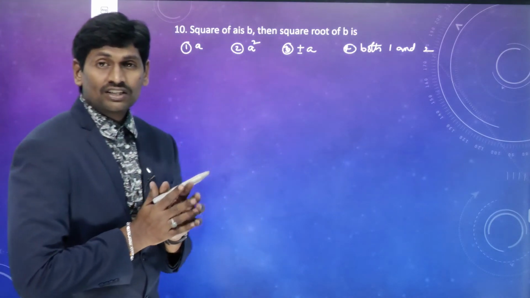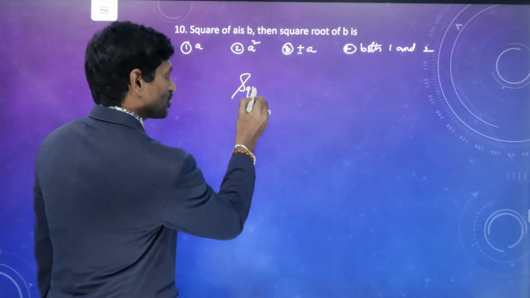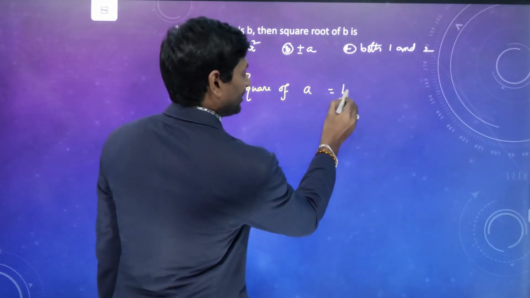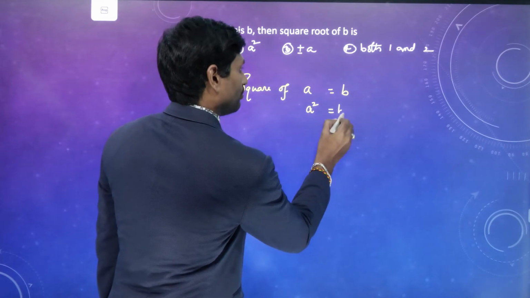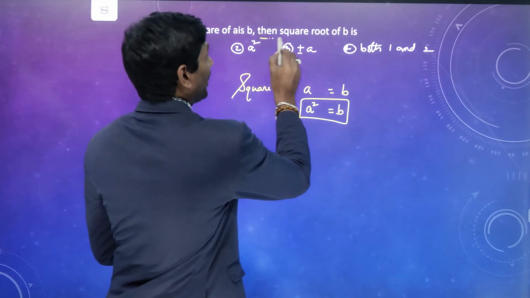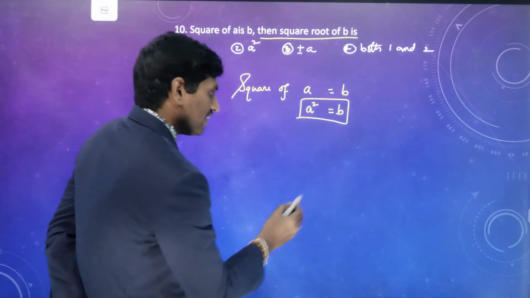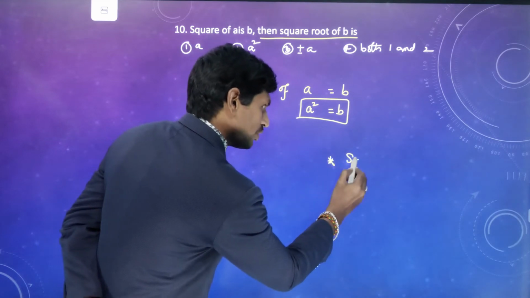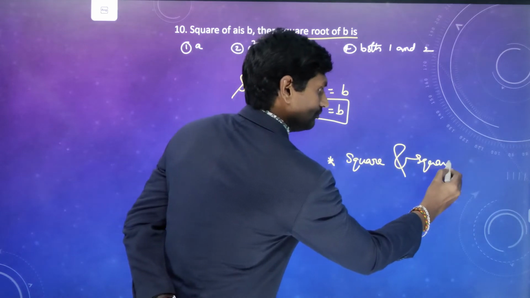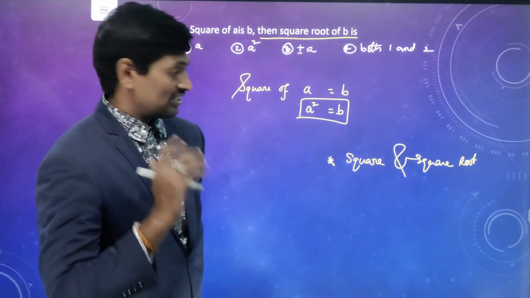See here, square of a is b. That is nothing but a square is equal to b. We discussed already that square and square root are inverse operations.